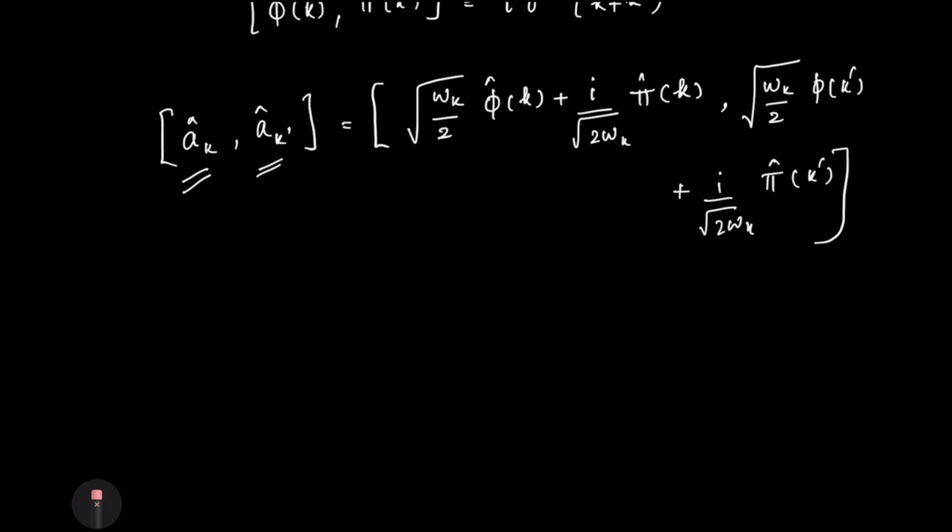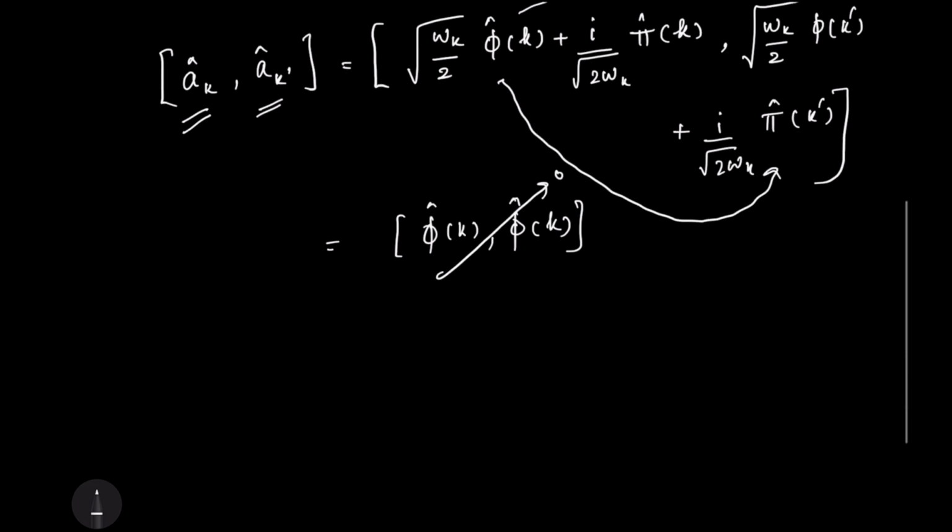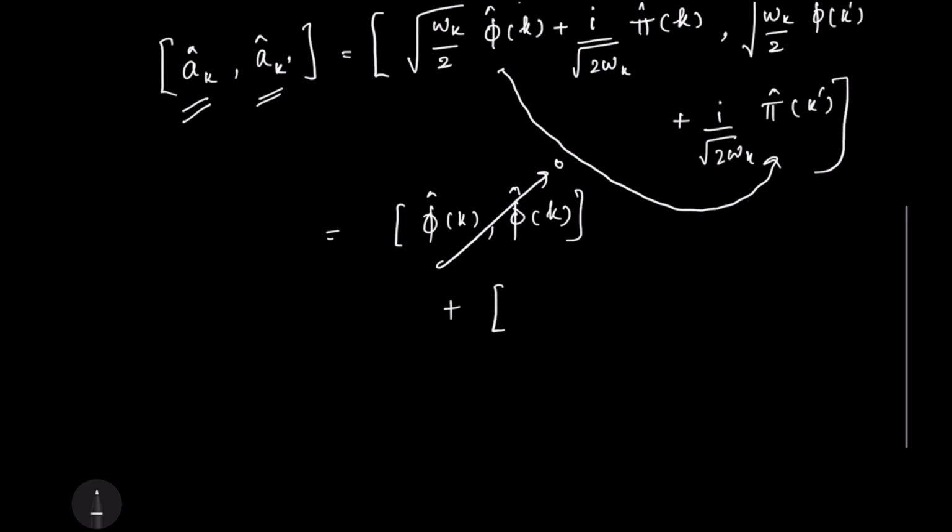Here the commutator of phi and phi will be 0, so the first term will be 0. Then the next will be phi(k) with pi(k prime).